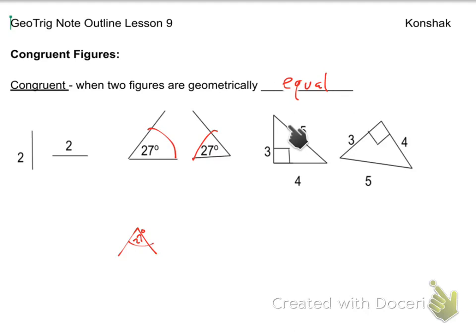And the cool thing about it is the angle between the 3 and the 5 in both triangles is the same, and the 5 and the 4 will also be the same. This is actually the same photo, I flipped it. So they should be the same. It makes sense that if I take a photocopy of something and stick it somewhere else, they're exactly the same.